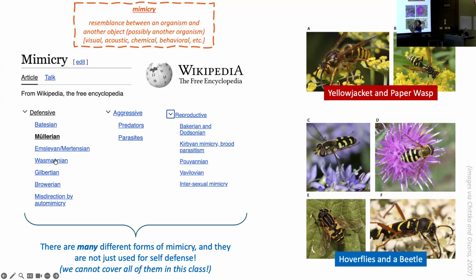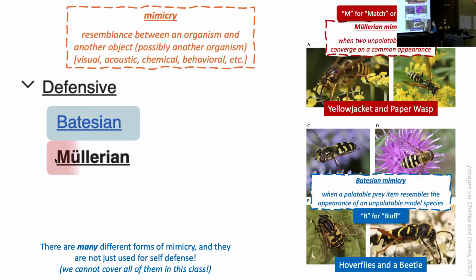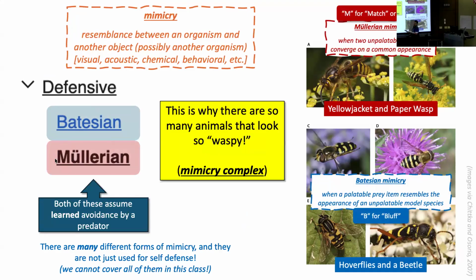But the idea here is that mimicry has really captured the imagination of behavioral ecologists or proto-behavioral ecologists for years. In this class, we're going to focus on the two classic versions of mimicry from Bates and Mueller. These came out of the 1800s, and they are very similar types of mimicry.